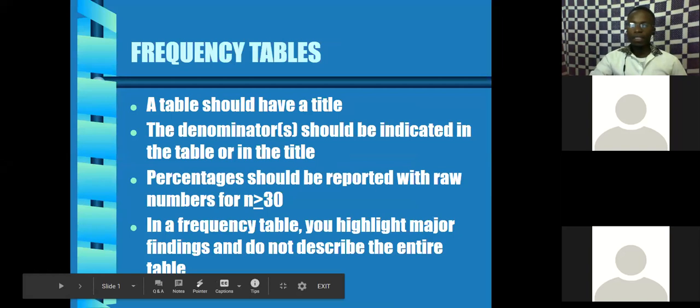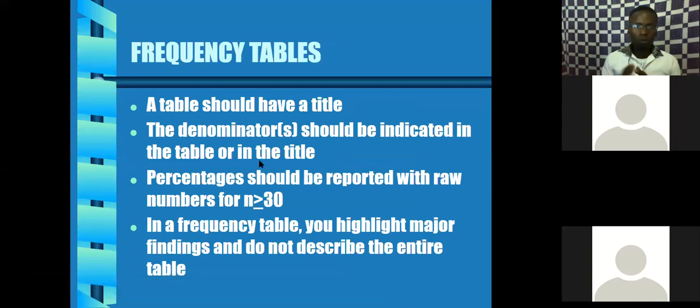Okay. So now we want to look at frequency tables and data presentation. Remember, last time we looked at introduction to biostatistics, and from there we defined that biostatistics is a science that deals with one, the collection, two, the organization, three, the analysis, four, the interpretation, and lastly the presentation of information, isn't it?